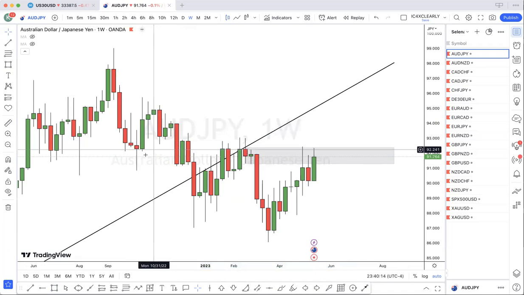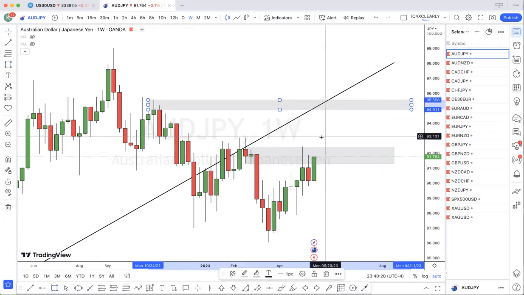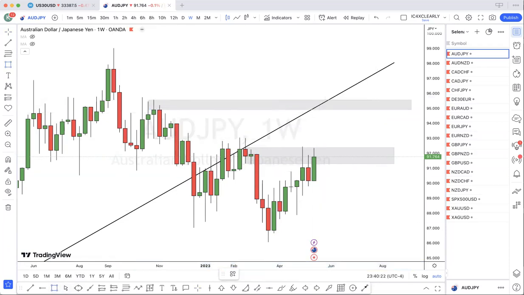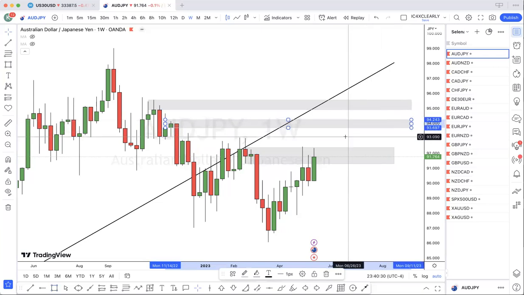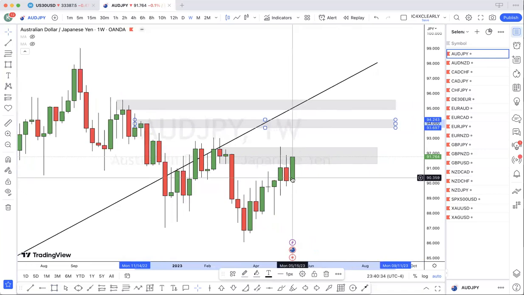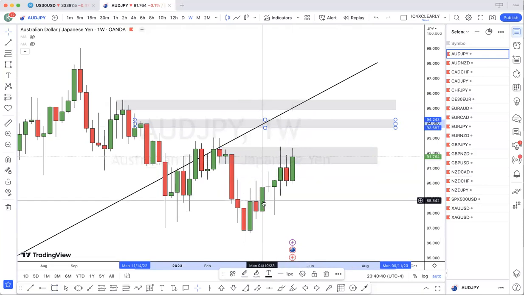I'm guessing that it will probably come back to either here or here. One of these zones. So we may get a little pullback on this weekly candle.